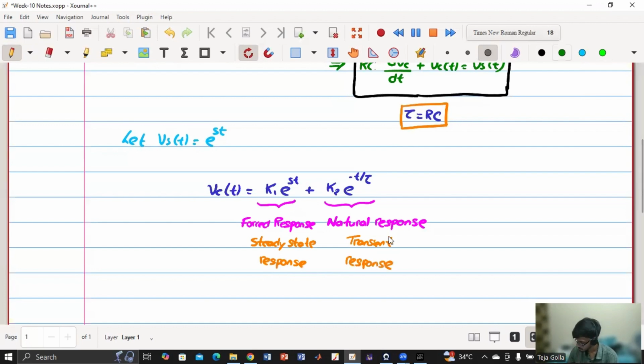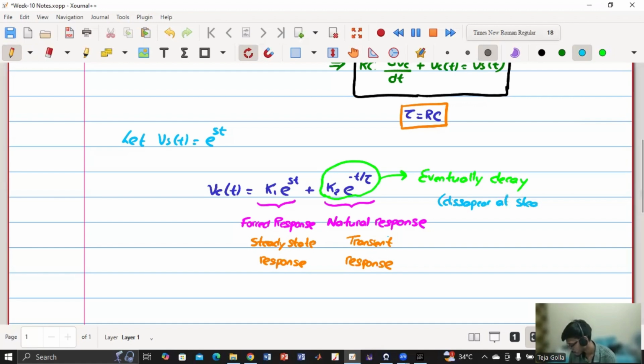The transient term will eventually decay out and disappear, becoming zero as t tends to infinity. Steady state means t tending to infinity, where only K1 into e to the power st remains, which is the steady state response. Because it comes from the input, it is called the forced response.